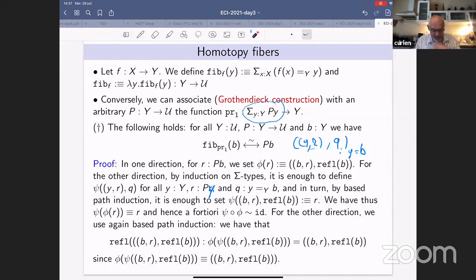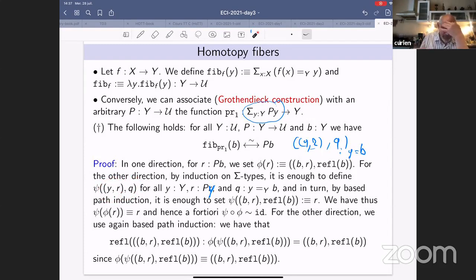For the other direction, we have to show that phi of psi of any triple (y, r, q) is equal to this triple (y, r, q).